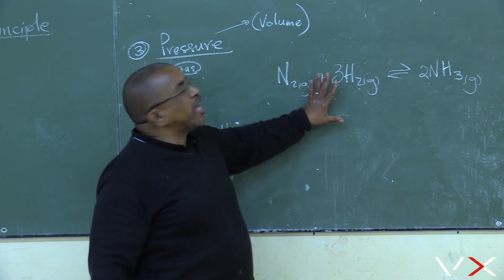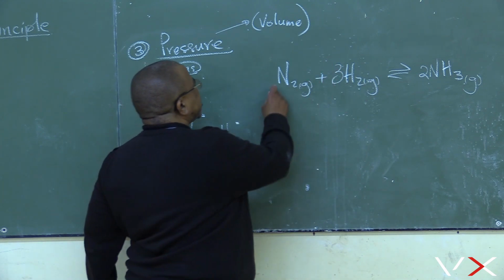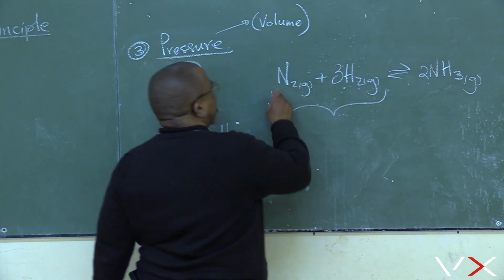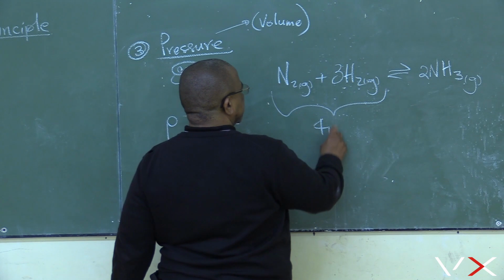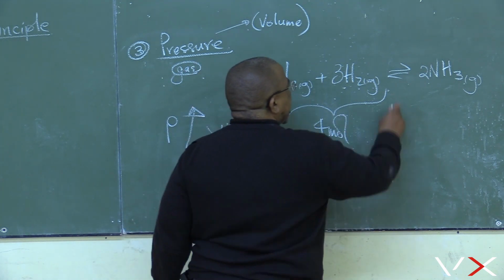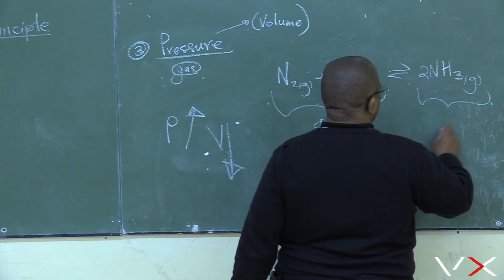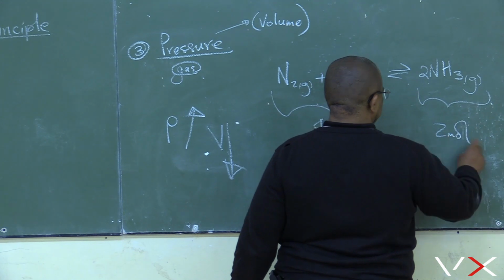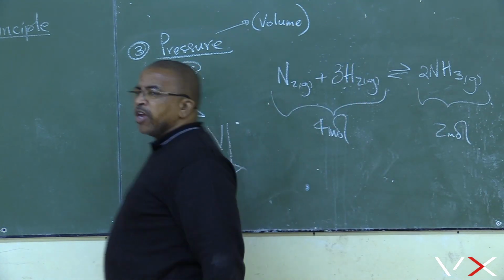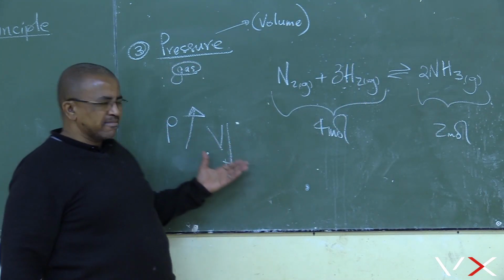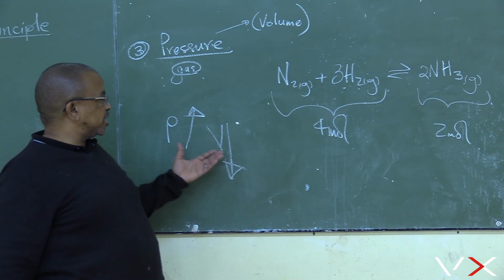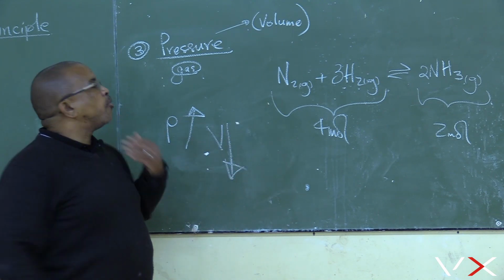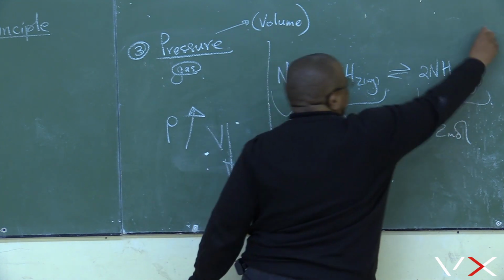So now, in terms of the ratio, how many moles do we have on the reactants? 4 moles. And on the products, how many moles do we have? 2 moles. So when you increase pressure, or my space now, when the volume is decreased.